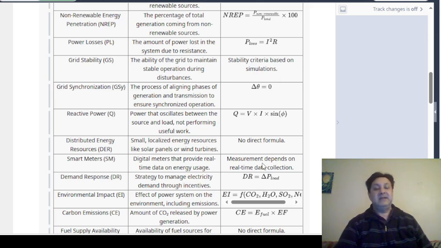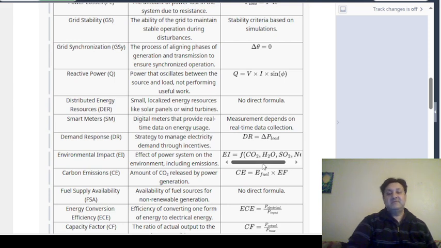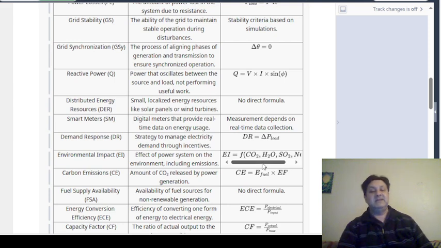The reactive power, of course, is also very important. It is the power that oscillates between the source and the load, not performing useful work. It's kind of a loss. Later on we can discuss this.